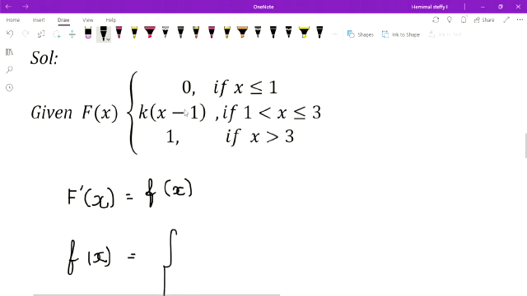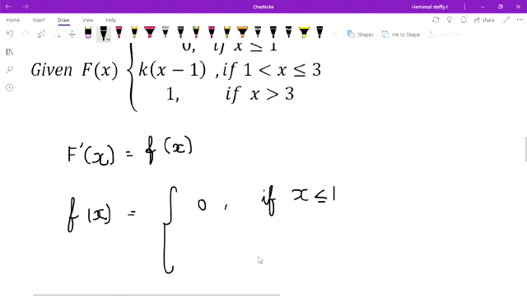First, I am going to take the differential of 0. The differential of 0 is 0 only, so I cannot change anything; I write 0 if x is less than or equal to 1.